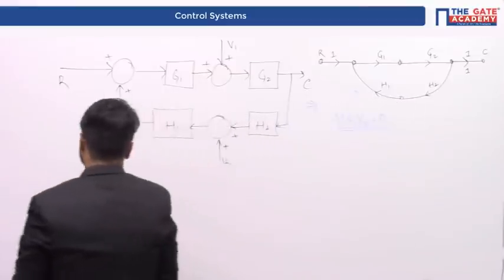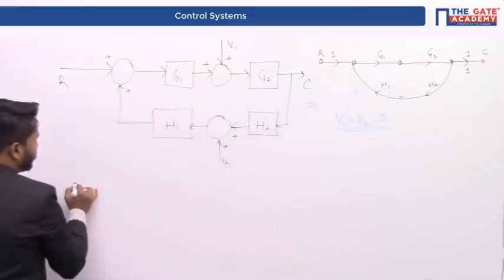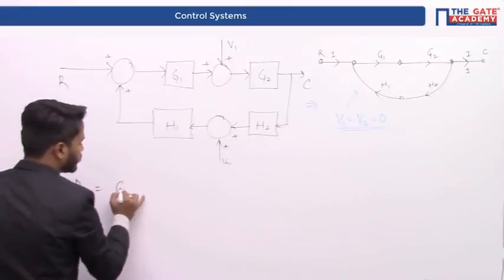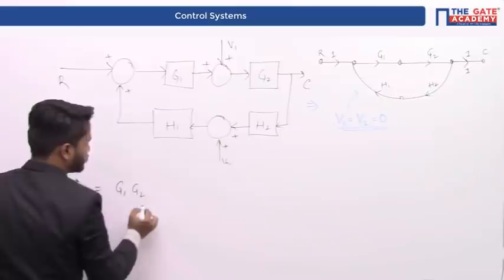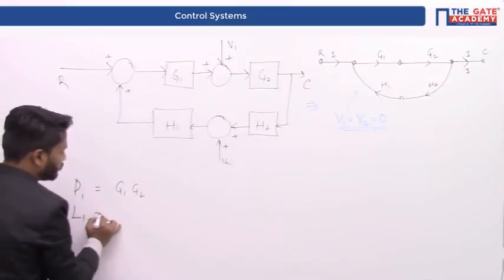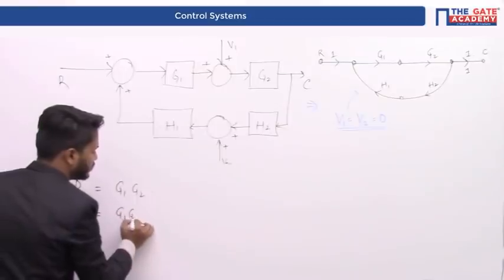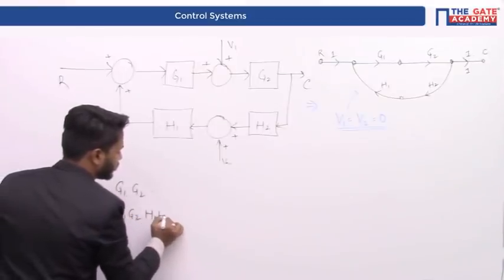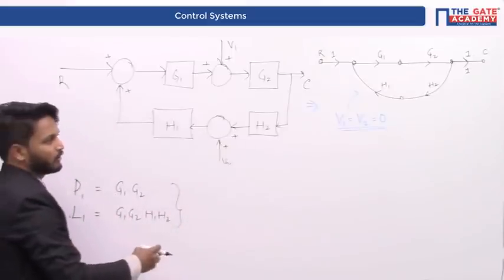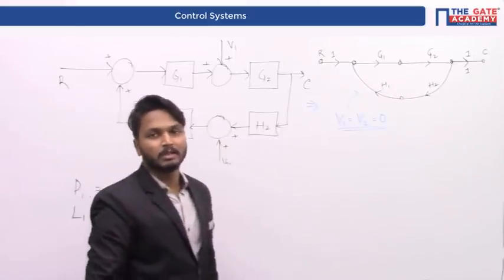Therefore, the first forward path, that is P1 is equal to G1 G2, and the only loop we have is G1 G2 H1 H2. So only these are the things we require in order to put them in the Mason's gain formula.